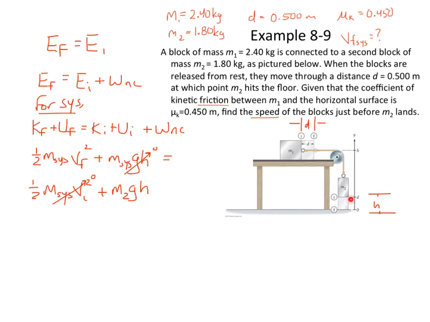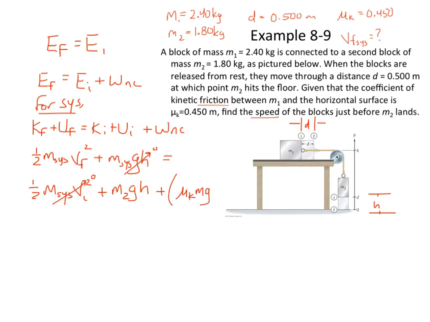Plus now, and I think I can fit this all on one line, the non-conservative work that is done. Well, what's creating the non-conservative work right here? Kinetic friction is, isn't it? Kinetic friction is. It's always acting against the direction of motion. So we're going to say that that is mu k times mg.